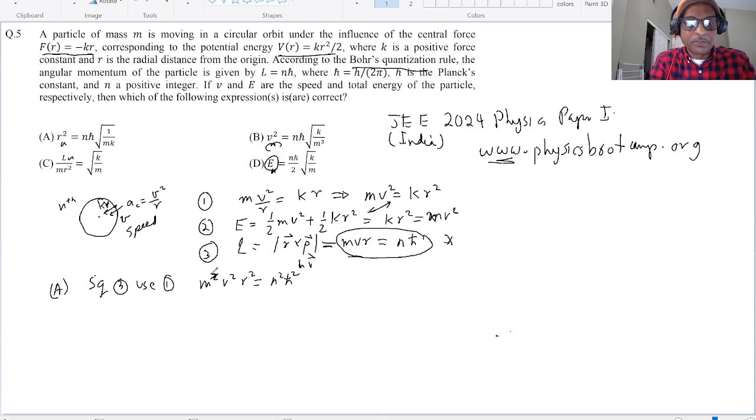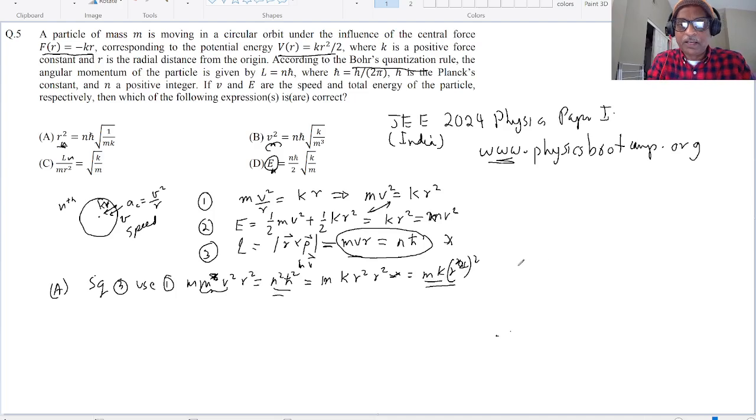The part m v square is just k r square, so this becomes m k r to the power 4 equals n square h bar square. Since r is positive, I throw away the negative root.